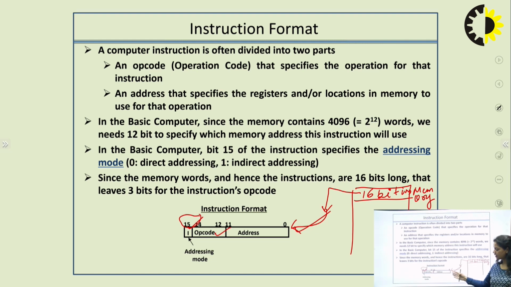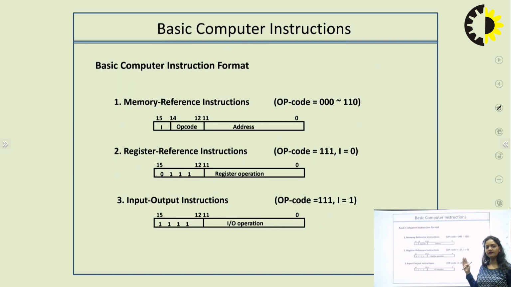The address tells us where the operand lies, the operation code tells us which operation will be performed by the instruction on the operands, and the mode tells whether it is a direct addressing mode or indirect addressing mode. The types of instruction also depend upon the combination of opcode and the mode bit. So we have 3 types of instruction: memory reference instruction, register reference instruction, and input output instruction.